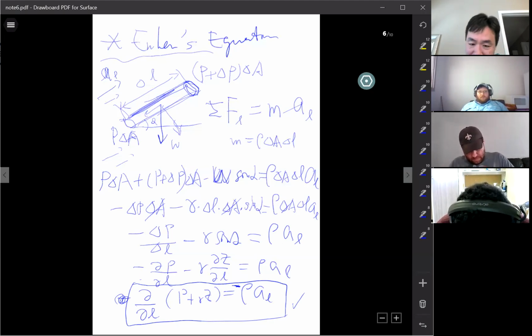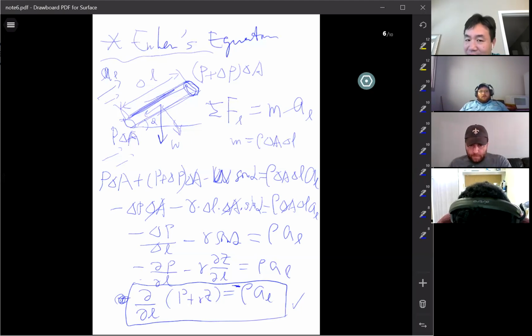When you write down the equation, be careful. That partial derivative has to be exactly along the same L as the direction of the acceleration, A_L. When you examine this equation, you should find there's something you have to take care of, which is the L. In the problem, you have to know what your acceleration direction is.